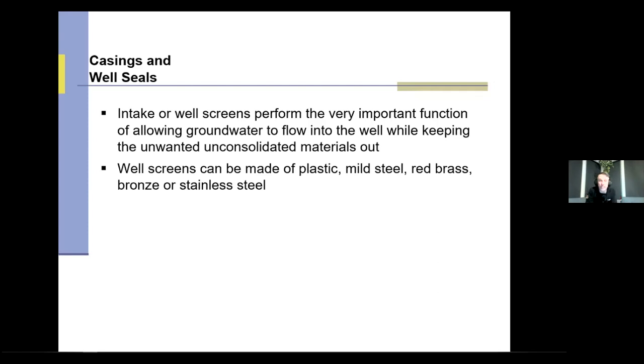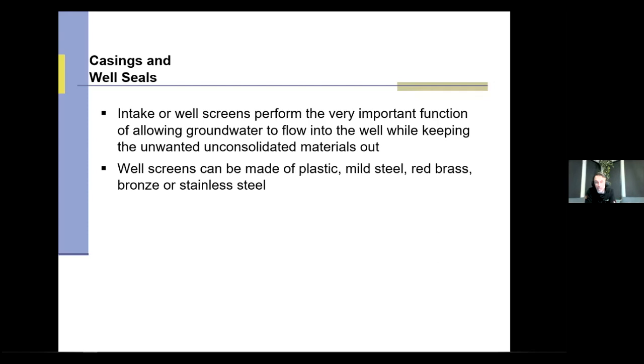Same thing if you put a pump underground. An intake or well screen performs the same function. It allows groundwater to flow, but you don't want little sand particles coming through. You can imagine pumping sand through your well.